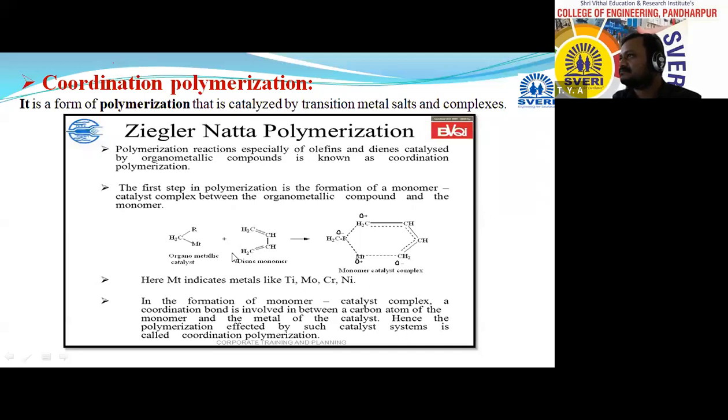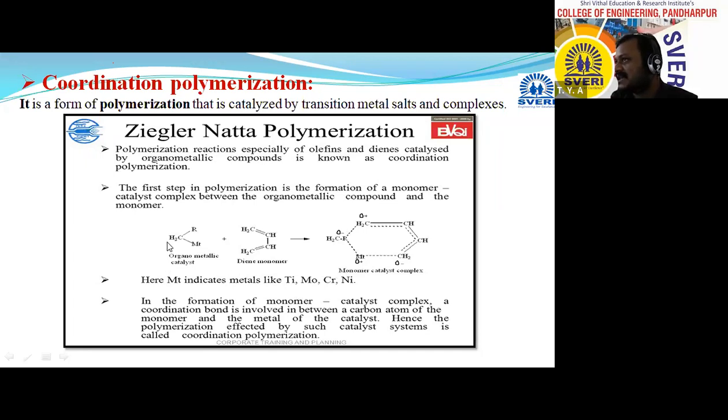Okay, one example is given here. This is the monomer, and here this is the catalyst. This MT is nothing but your metal catalyst. MT means any metal from this. It may be titanium, molybdenum, chromium, or nickel.